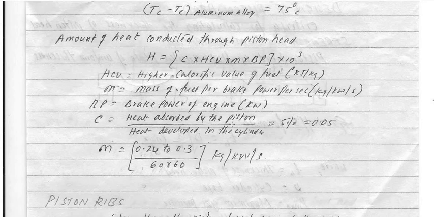C is the heat absorbed by the piston divided by the heat developed in the cylinder. It should be taken as 5%. M is equal to 0.242 divided by 3600 kg per kilowatt per second.